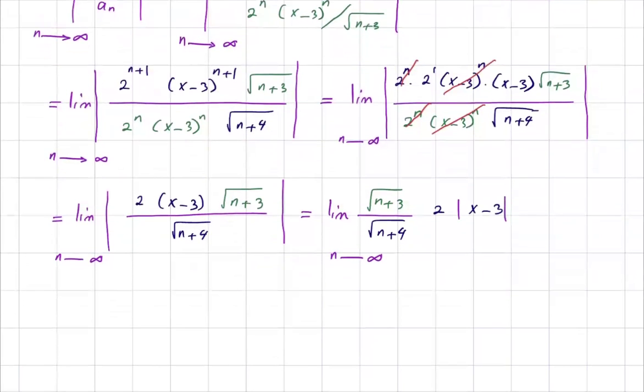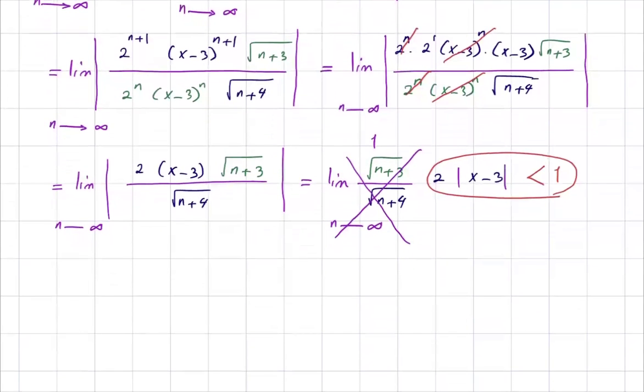Very good. So this limit is equal to 1. We don't have any issue with that. And this, based on the ratio test, must be less than 1. So you have 2 times the absolute value of x minus 3 less than 1.